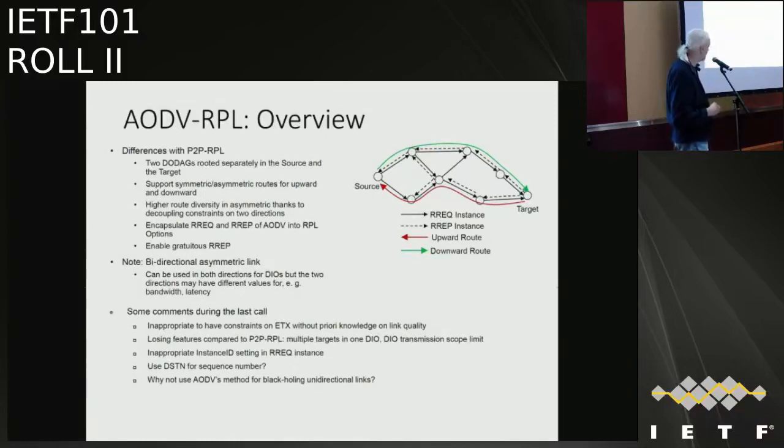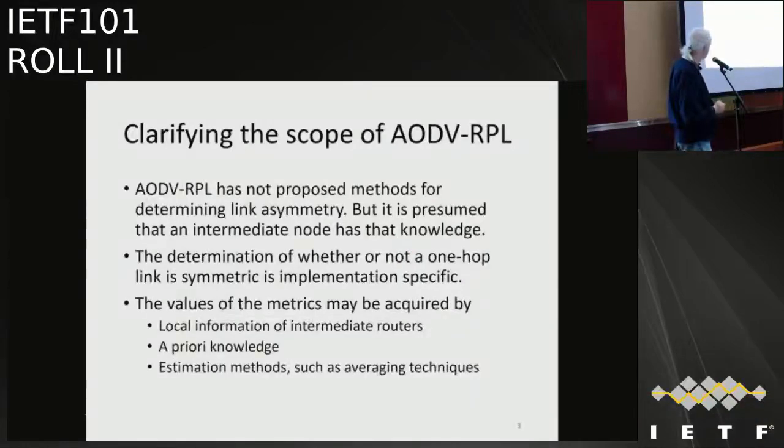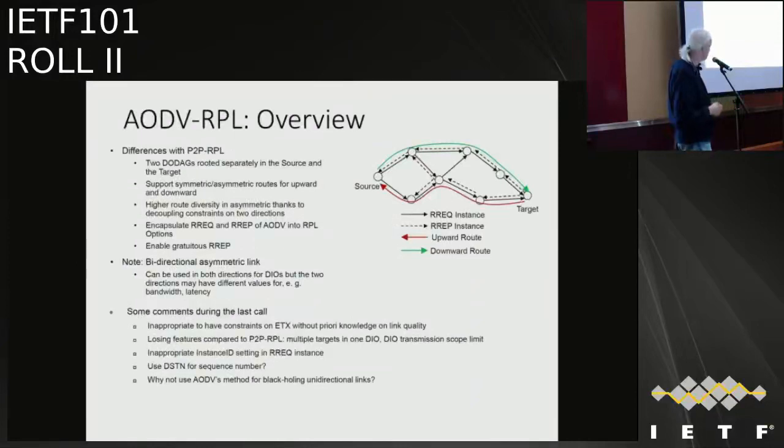Some of its features were not included in AODV Ripple, and the comment was made that that's a bad idea. We should not lose features, so that people who wanted a feature wouldn't have to implement both the experimental protocol and AODV Ripple. So the attempt was made to put in the relevant features from P2P Ripple, and I have a lot more to say about that shortly.